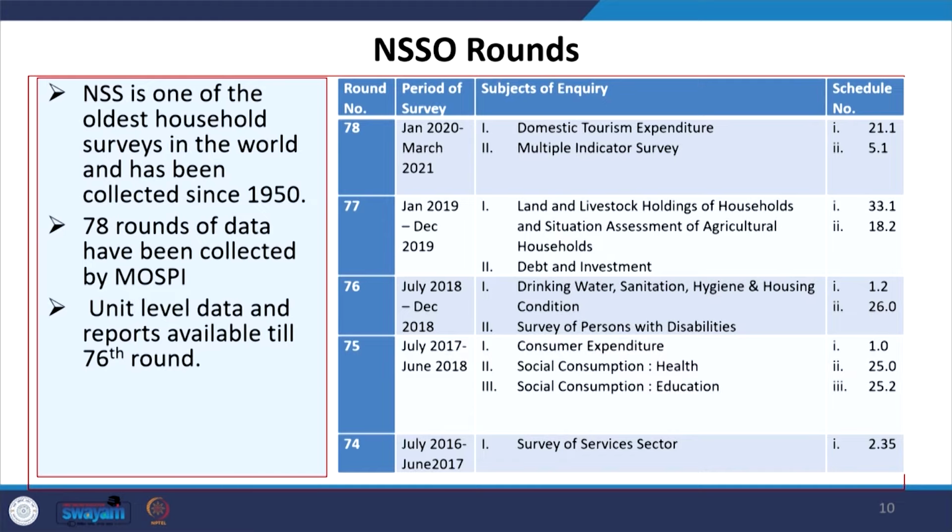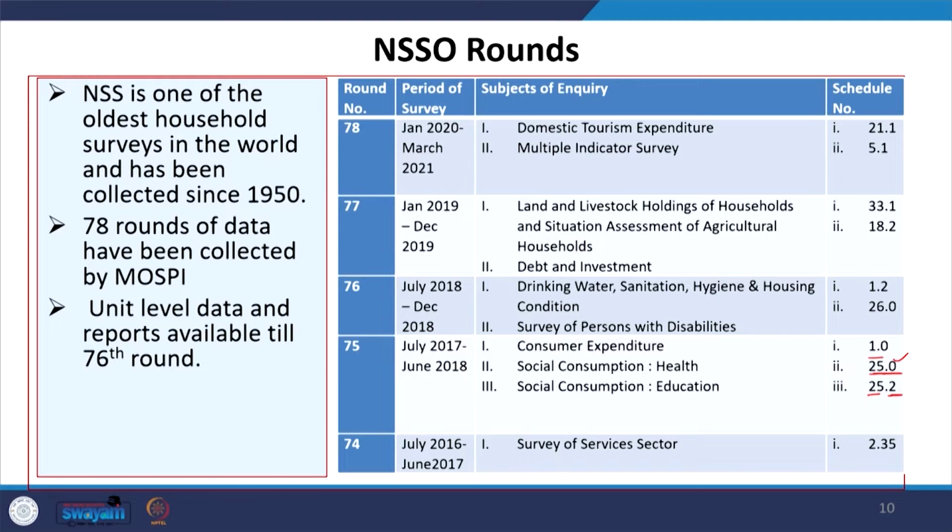We will be using the 75th round in our analysis, that is on health. As per the schedule, as I told you, it is 25.0, where 0 stands for health, and 25.2, where 2 stands for education. First one is 1.01, consumer expenditure on the 75th round.